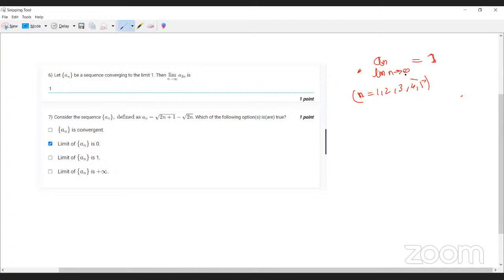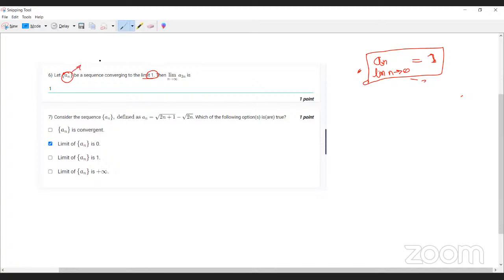If we consider it like that, it would converge to infinity, but it is given that a_n is a sequence converging to the limit 1. So 3n is a subset of the n only. Whatever the sequence of a_n, the a_{3n} will be a subset of this only, like we discussed two questions back.